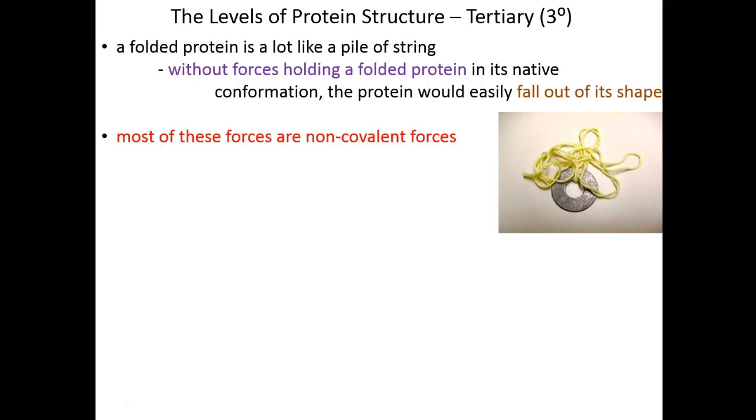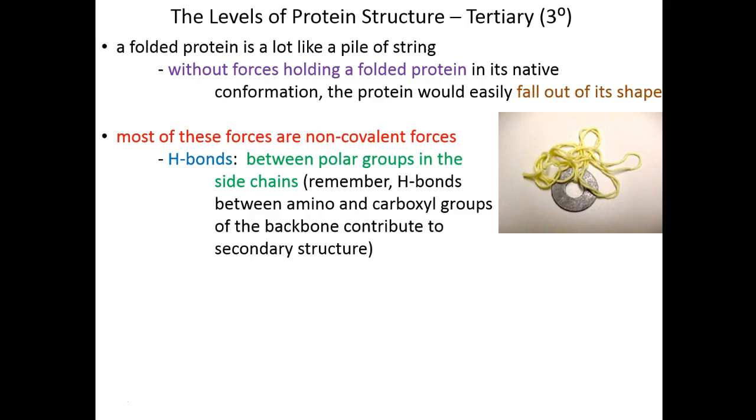The forces that stabilize the folding of a protein into its tertiary shape, the forces that allow a protein to assume its native conformation and then stay there, are typically non-covalent forces. Of course, these include hydrogen bonds. Hydrogen bonds between polar groups in the side chains of polar non-charged amino acids.